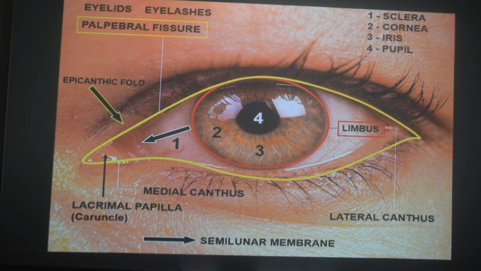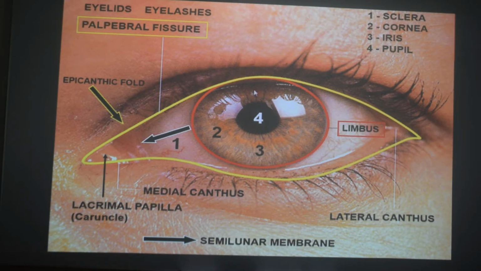Then you can see the junction of the cornea with the sclera, and the junction of the cornea with the sclera is called the limbus. So a limbus has several important structures which we are going to discuss in a minute, but you need to know that the junction between the sclera and the cornea is called the limbus.